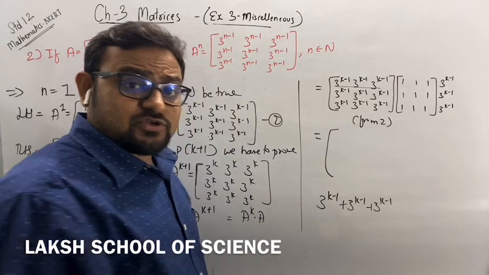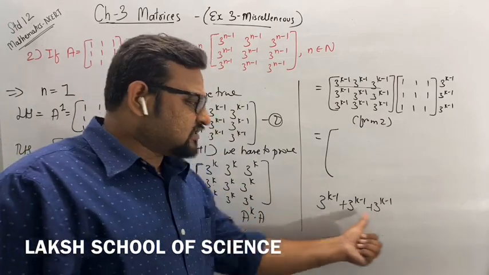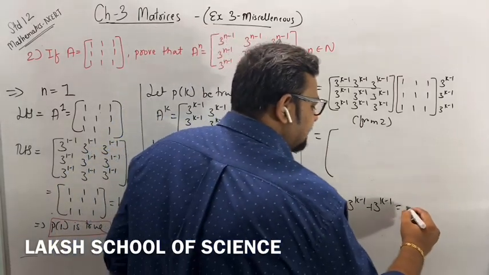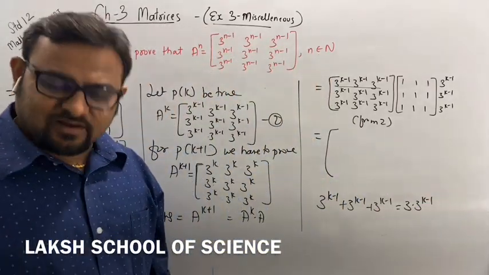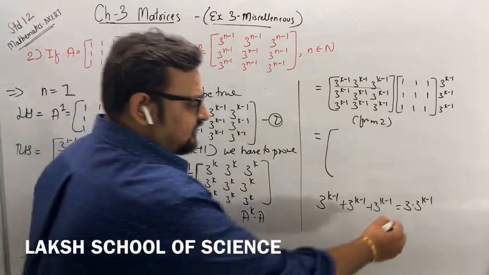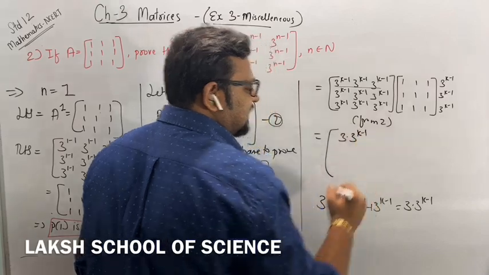So this is 3 times 3 raised to k minus 1. Clear? So instead of this, I can write down directly 3 into 3 raised to k minus 1.